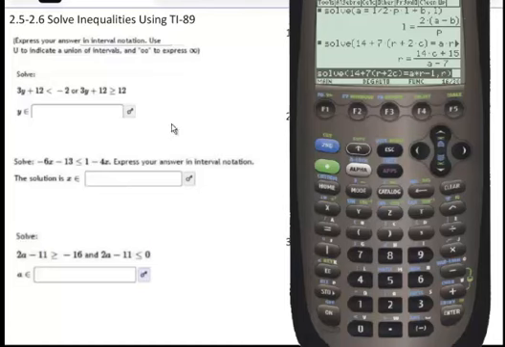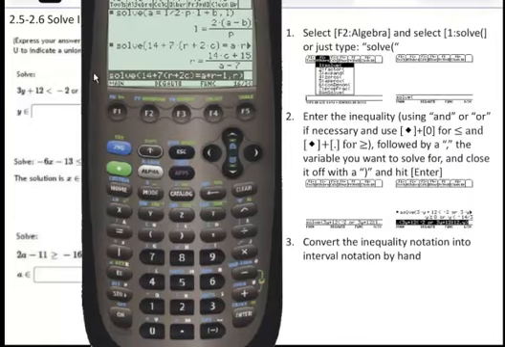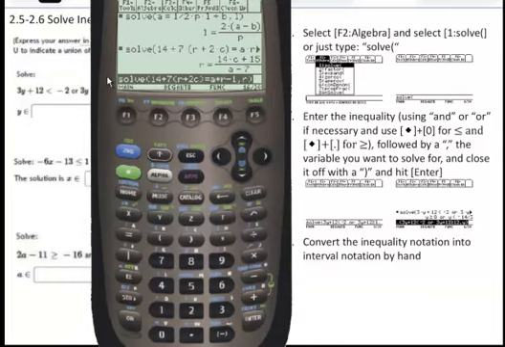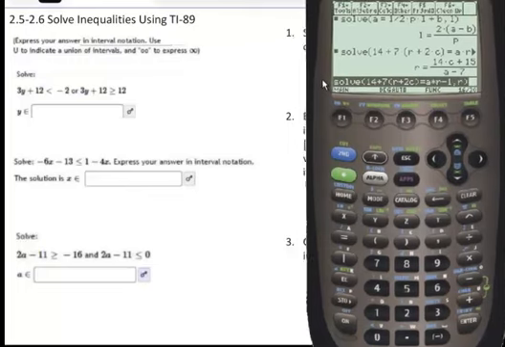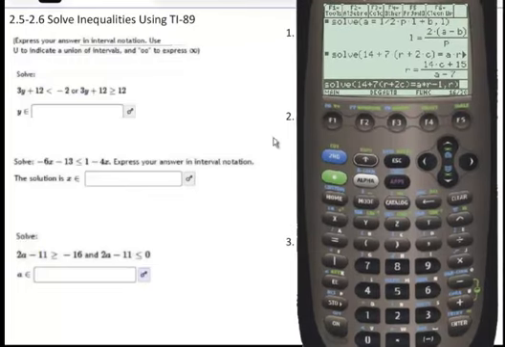So when you are solving for this, you're just going to do each individual inequality. When you type this in, if you have an and or an or, you can just type those in to your expression.